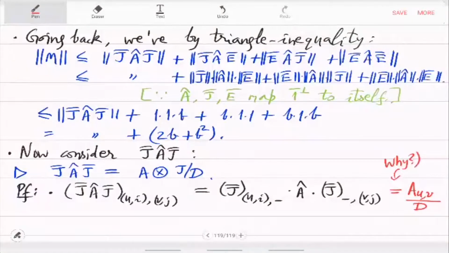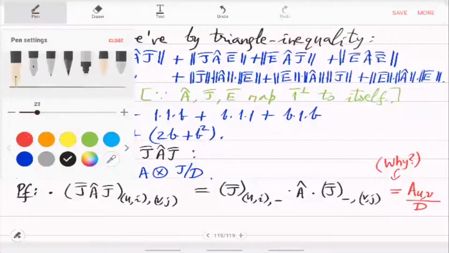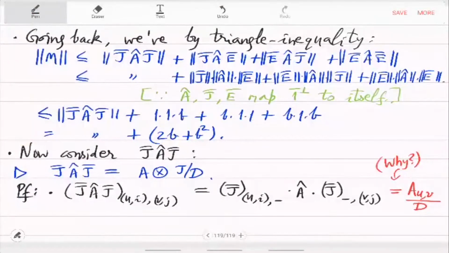It follows from the definition. You just have to go back and compare the definitions. And A_uv by d is actually the right-hand-side matrix entry.